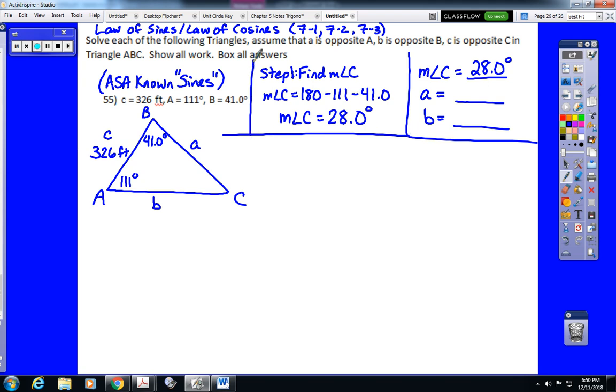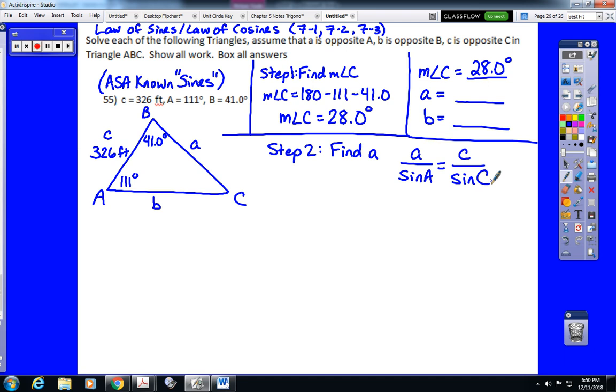Okay, then we're going to do the law of sines. So step 2, it doesn't matter which one we find next, so let's go alphabetically. We're going to find the measure of little a. The length of little a is found using the law of sines, which is on your reference sheet, although it will list all three of the ratios.